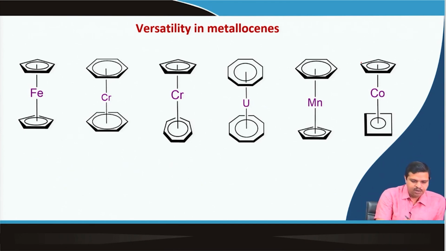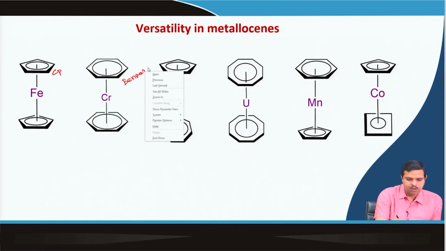As an example, here you can see the very common ferrocene, with the Cp rings. Here you see chromocene, and here you see benzene.